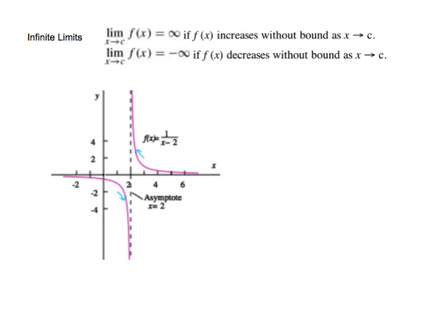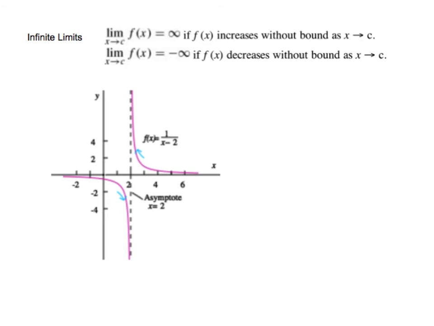Okay, we can also have infinite limits, right? So if the limit as x approaches c, some value, some true vertical asymptote of f of x equals infinity, this happens if the function increases without bound as x approaches c. Or it could be negative infinity, so it decreases without bound.